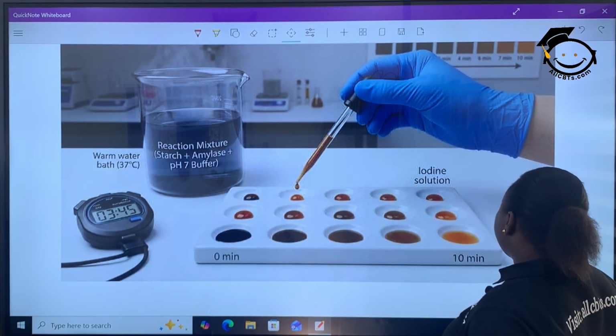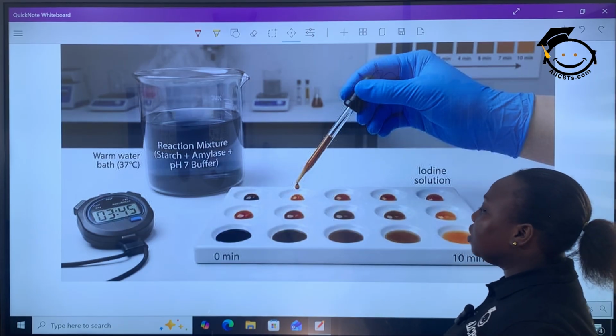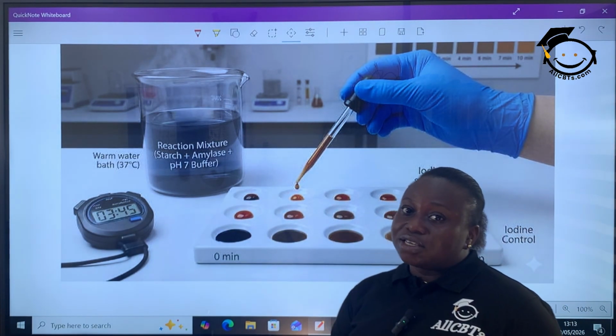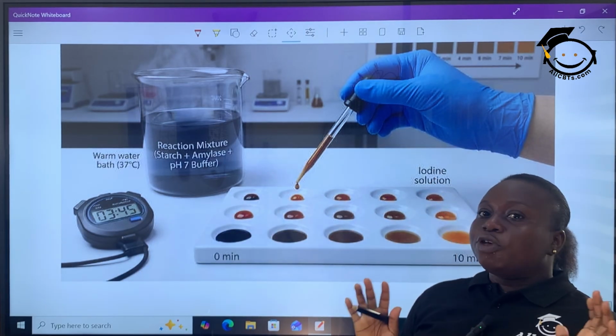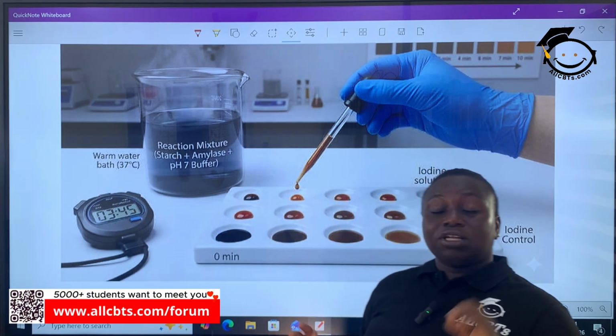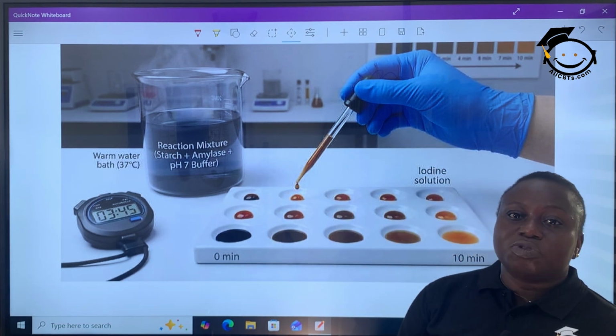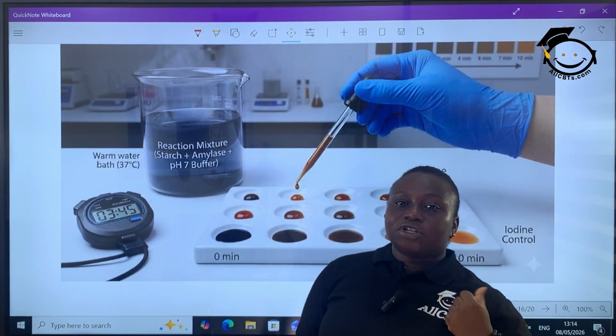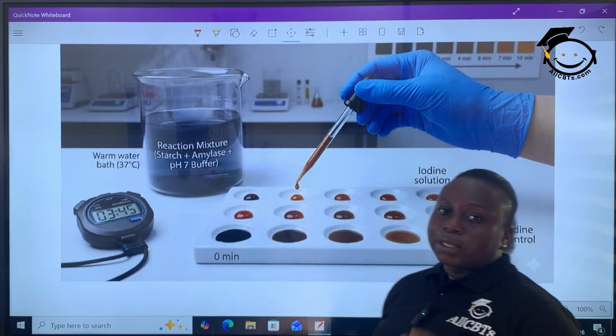Now when you are done with this experiment, the one that you do not add amylase to, don't forget that we use iodine to test for starch. In normal starch, if you put this iodine, it will be blue-black, like what we saw when we were testing the leaf.